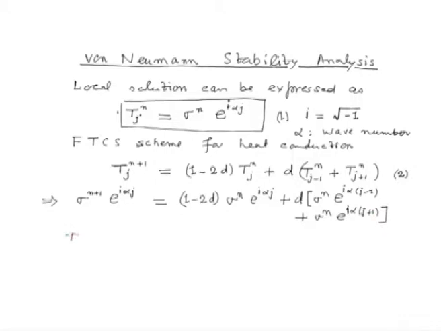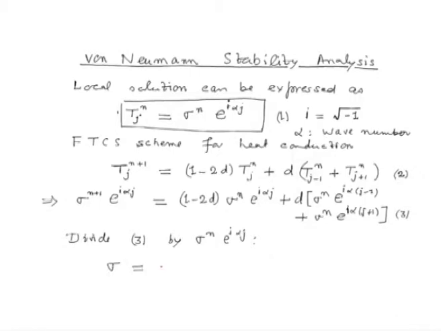Now, let us divide both sides of this equation 3 by sigma to the power n e to the power i alpha j. So, what we are left with on the left hand side is sigma.